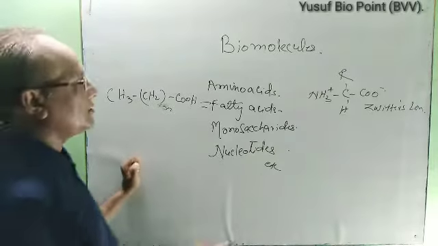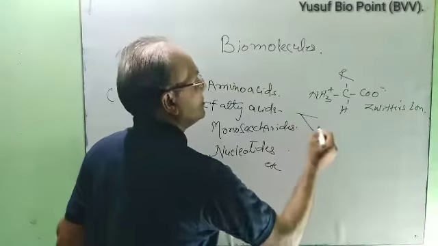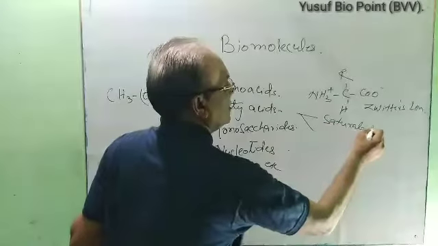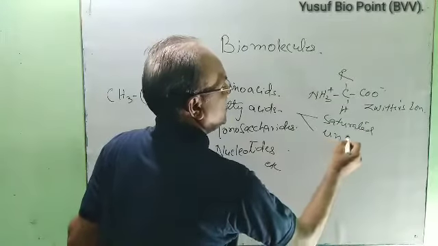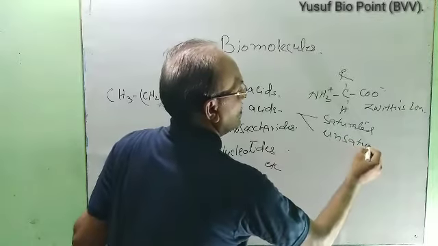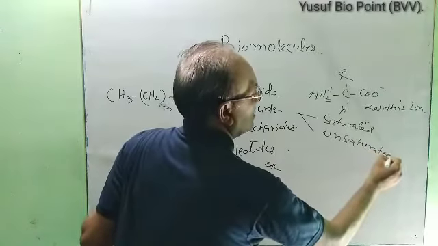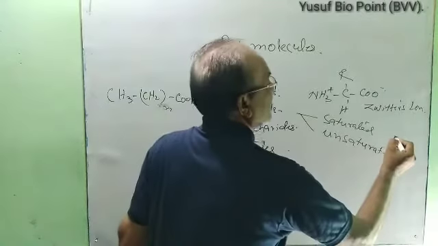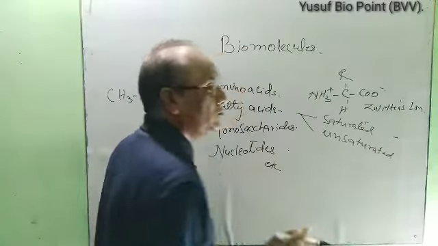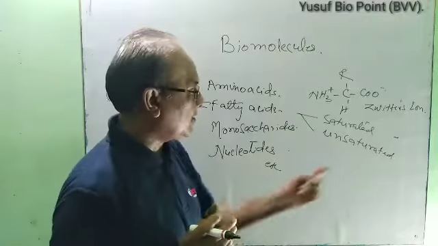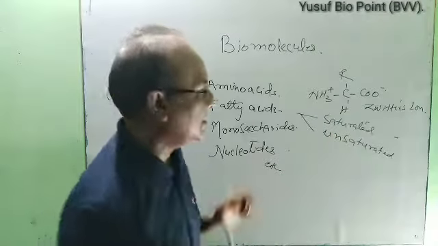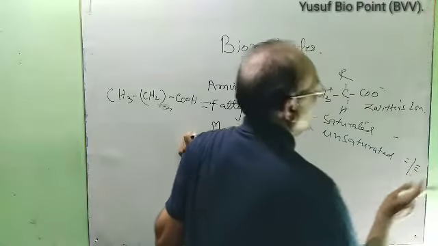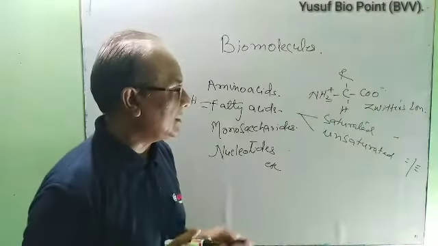It is of two types: saturated and unsaturated. If only a single bond between two carbons is found, that is called saturated, and if anywhere between two carbons a double or triple bond is found, that is known as unsaturated.